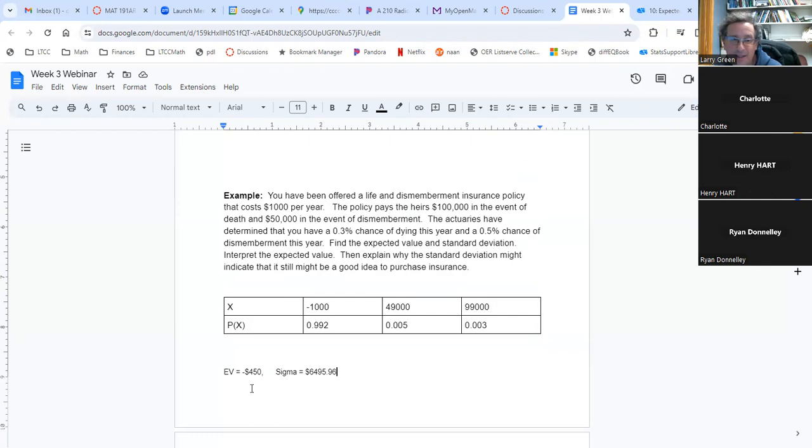Any questions on that idea? Okay, so why is expected value always negative for insurance? Why might you want to buy insurance anyway, even though expected value is negative? Any thoughts? And the hint is it has something to do with the standard deviation.